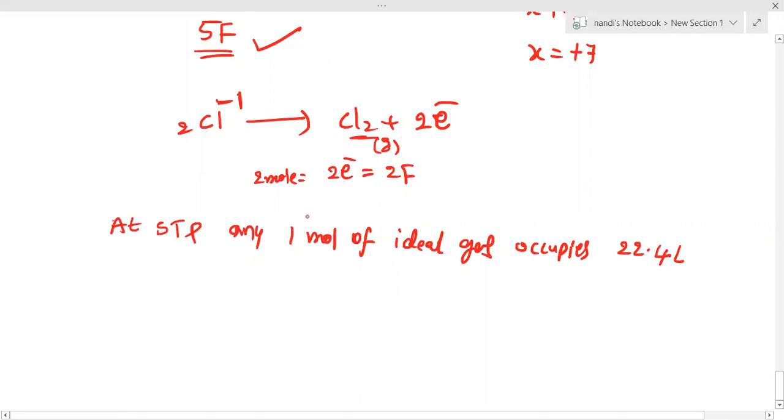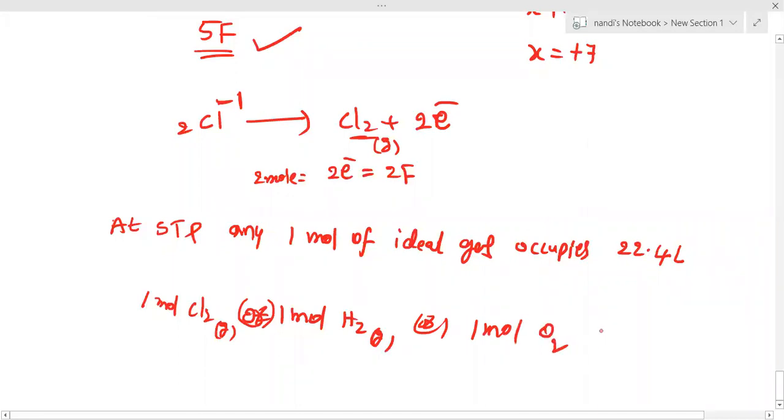Suppose 1 mole of Cl2 gas, or 1 mole of H2 gas, or any one you can take, or 1 mole of O2 gas. Any gas, all of these occupy 22.4 liters at STP. Keep in mind, STP or NTP, both are the same: normal temperature and pressure or standard temperature and pressure.